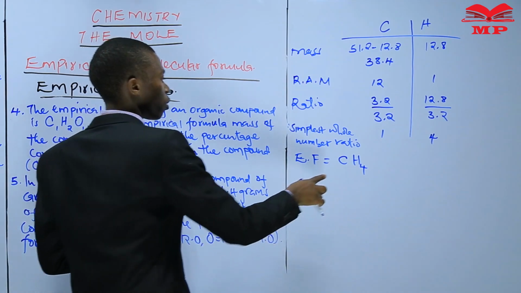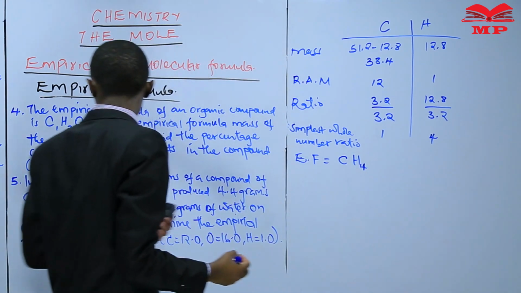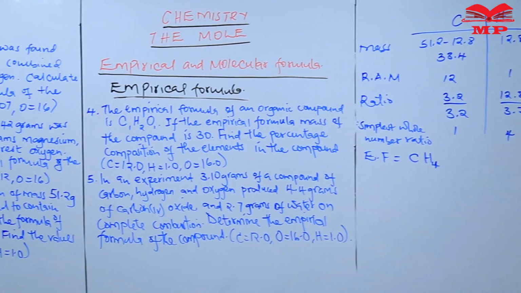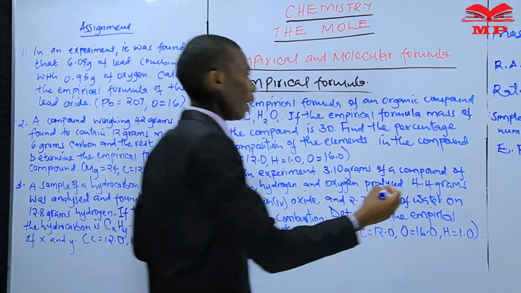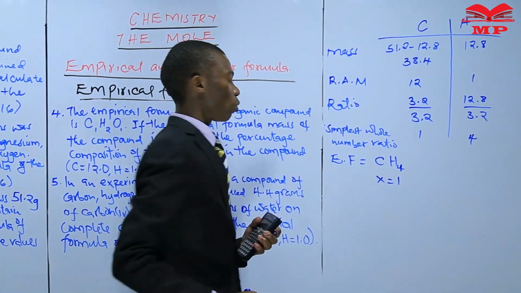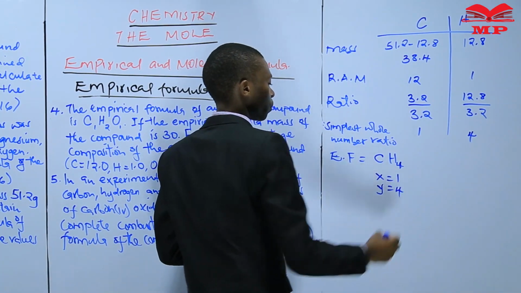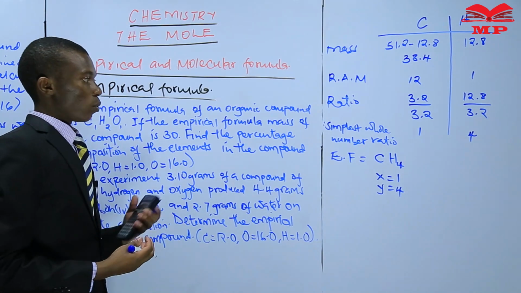CH4, that is the empirical formula of this hydrocarbon. And therefore, the question was, find the values of x and y. Therefore, x is equal to 1 because we have 1 atom of carbon, and y is equal to 4. Those are the values of x and y.